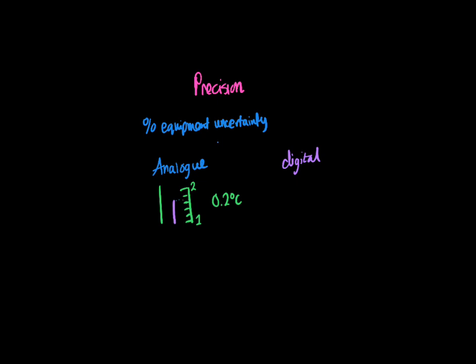So this one here, we would be able to see it's between two of the marks, so we would be able to give that as 1.7. Okay, as a result. So analog, it's half the smallest increment.